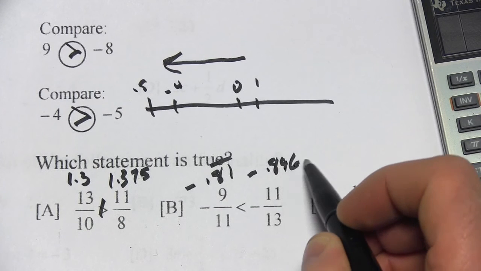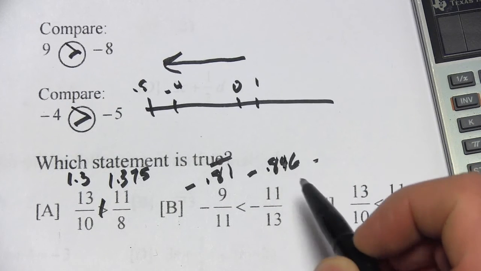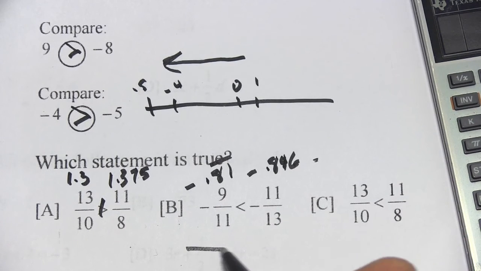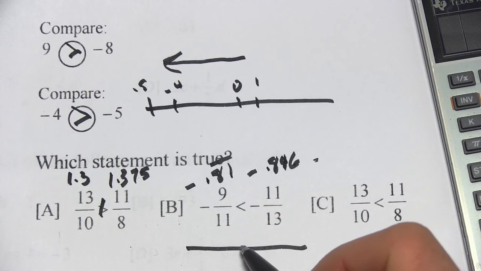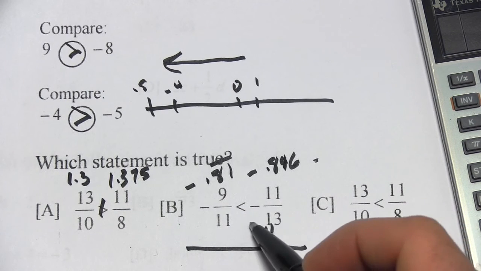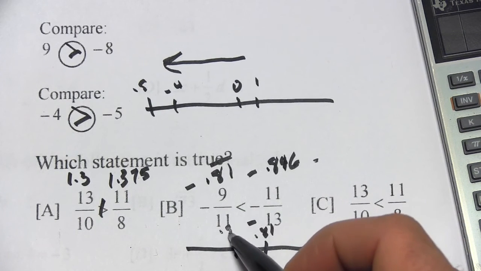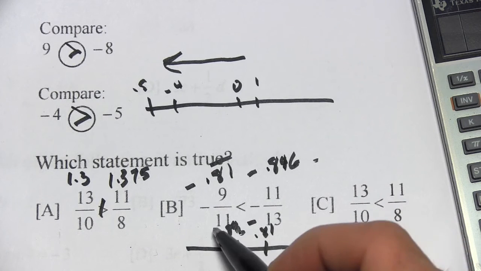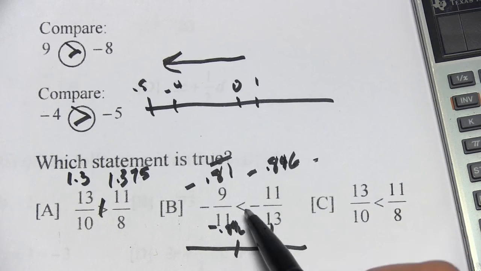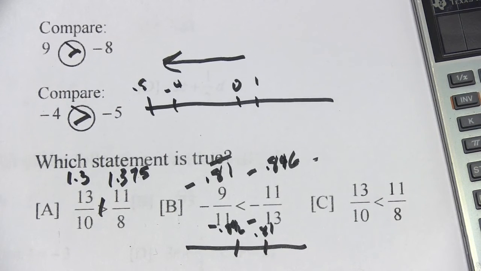So let's see. If we put this on a number line, negative 0.81 would be here, and negative 0.846 would be there. So this is the smaller number, and oh, this says the opposite. So that's not true either.